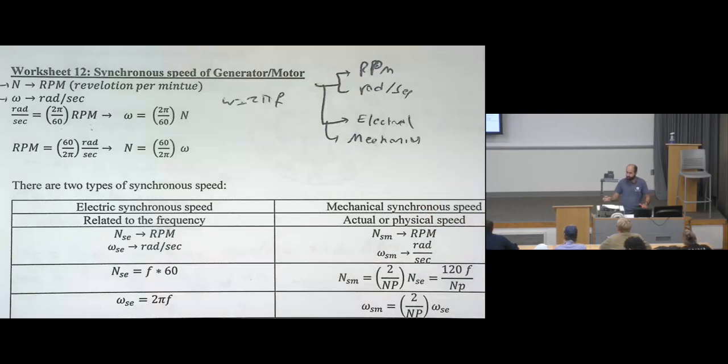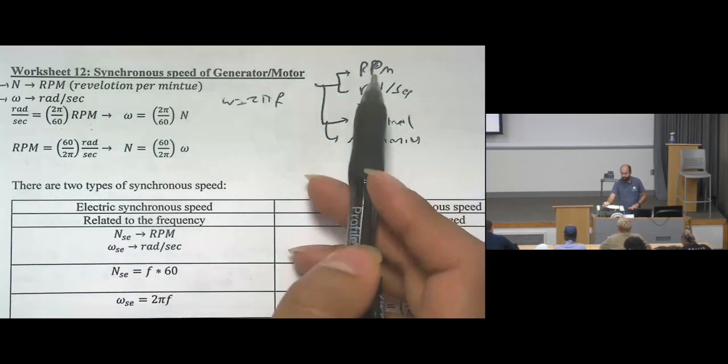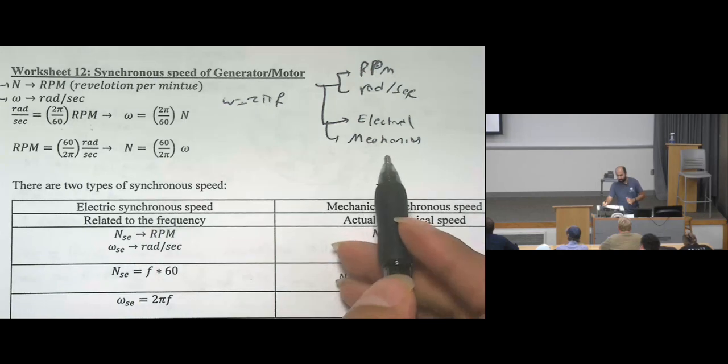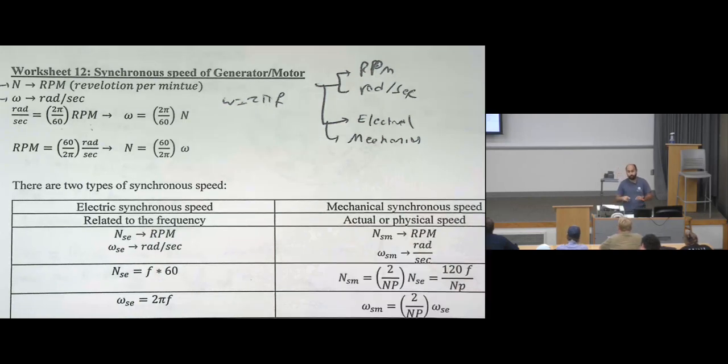They are all speeds, but depending on the units, am I using RPM or radian per second? It's like using distance in meters or in feet. So it's just a conversion. How about mechanical and electrical? These are different things. The electrical is related to the electrical parts, the mechanical is related to the mechanical parts, or the actual. So the actual speed, again, is the mechanical speed.